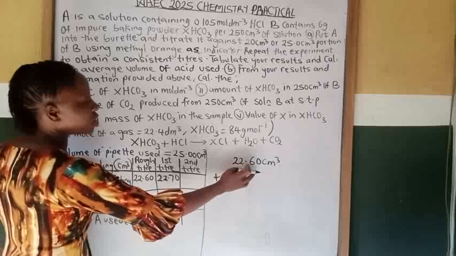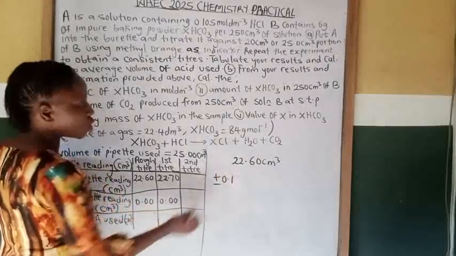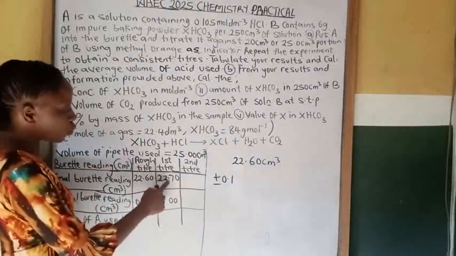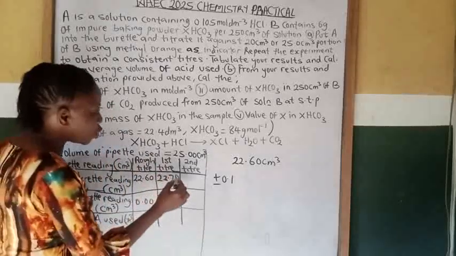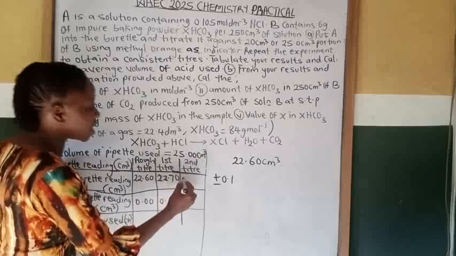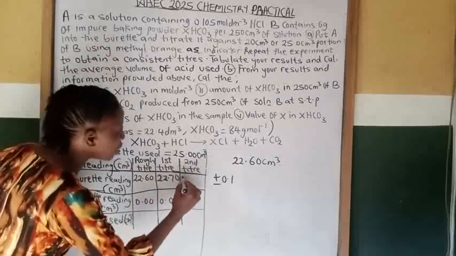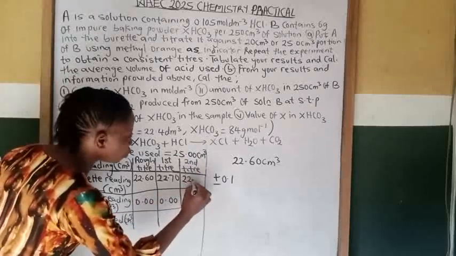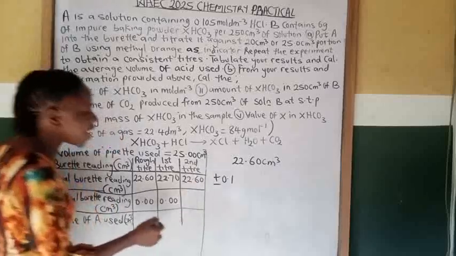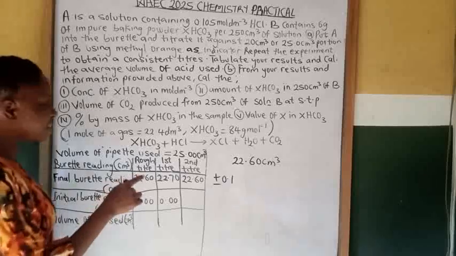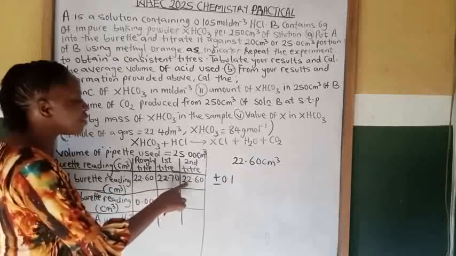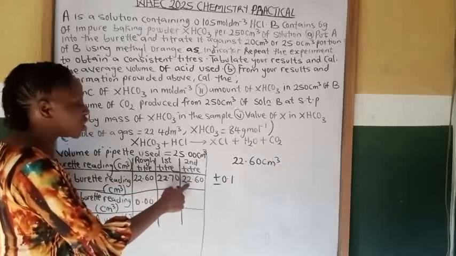So 22.60 plus 0.1 will give me 22.70. Then for the next one, I will use my teacher's titer value again, exactly: 22.60, because I don't want to go far from my teacher's titer value. Then my first titer value and second titer value must be concordant.